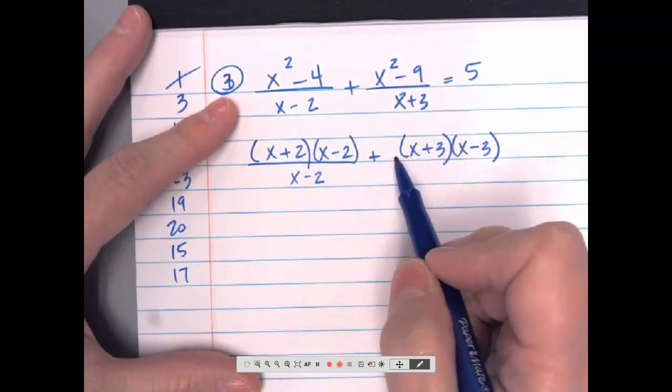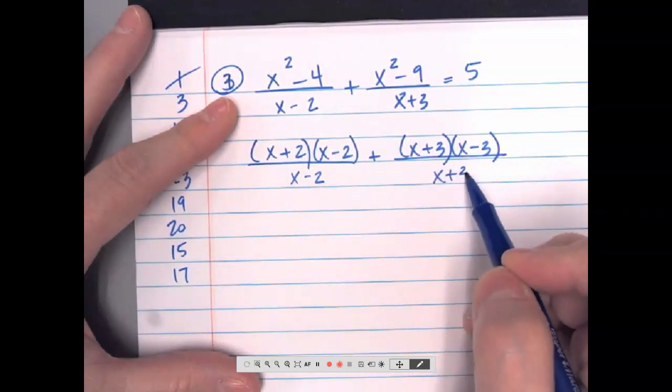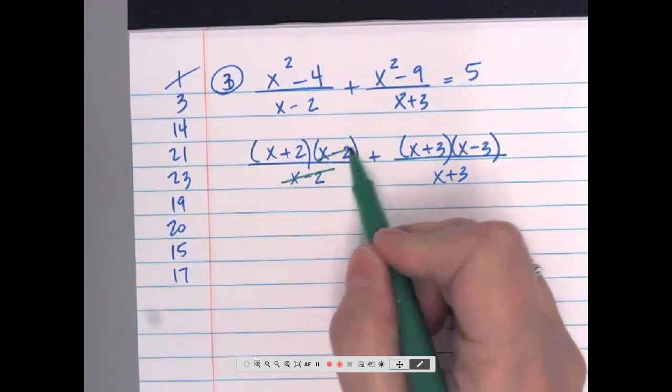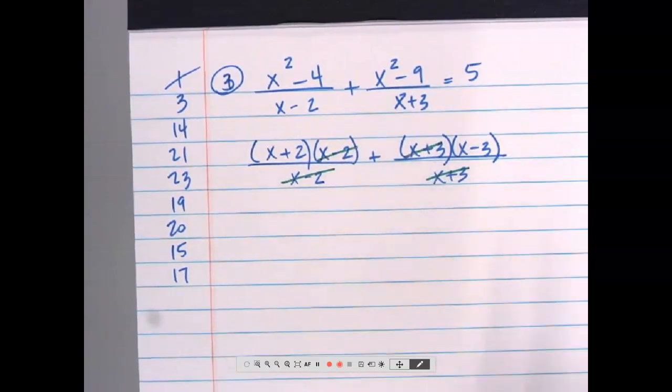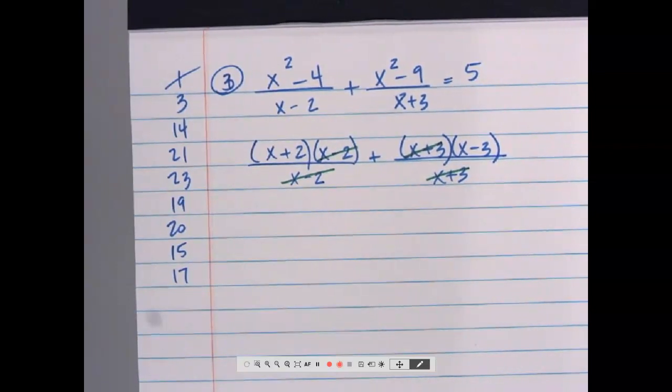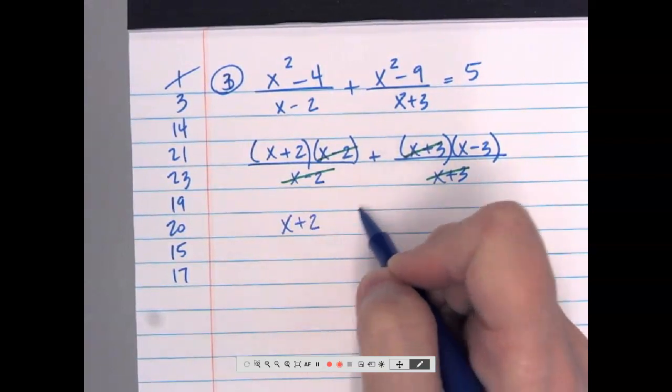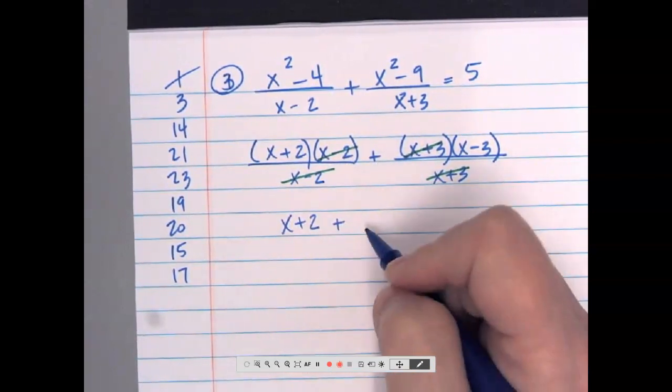Conjugate factors, meaning they're identical except one's plus, one's minus. Okay, then I see that within each fraction I do have a common factor that will cancel. And so now all that I have left over is x plus 2 plus x minus 3.